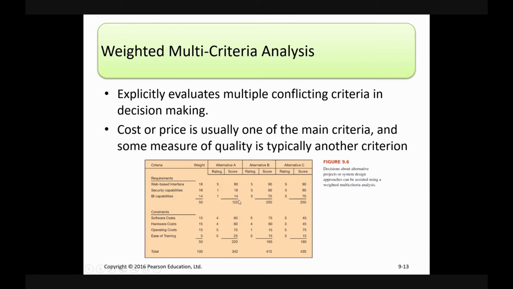Alternative A total score is 122. Alternative B total score? 250. And alternative C is also 250. But if you observe the ratings, we have different ratings here: 511, 555, 555. So alternative A we can ignore easily here, right? Yeah. There's a competition between B and C. Okay, so we can do further analysis for that.